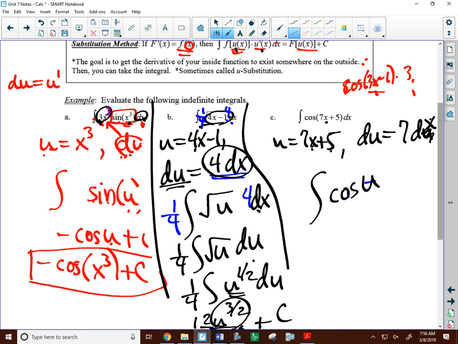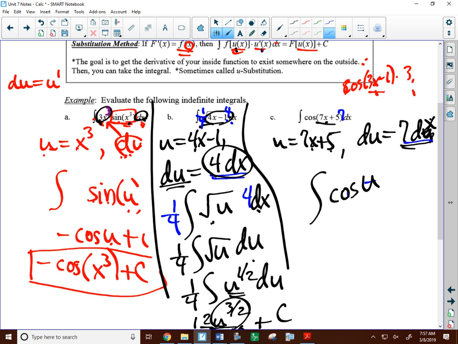Yeah, so I put this one here because I wanted you to see if you could. It's basically the same as this one, but you don't have to write the whole step here. So I put in u there. Now I need the derivative on the outside here to be 7 dx, but it's not. So here's really what I do in the problem, so I don't have to take an extra step: I just put a 7 here.